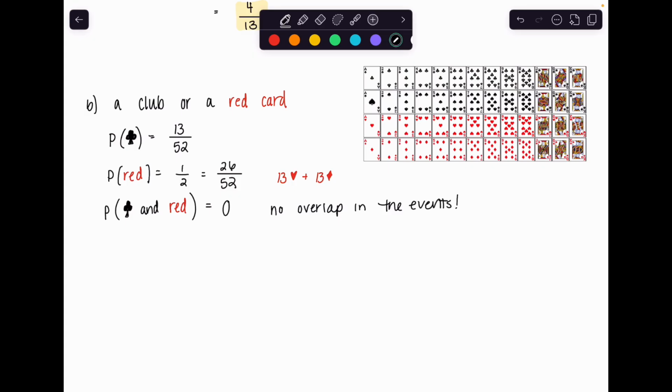So when I go to find the probability of a club or a red card, following our formula, it's the probability of getting a club plus the probability of getting a red card minus the probability of getting a card that's a club and is red.